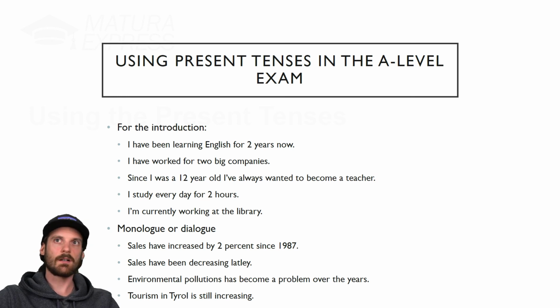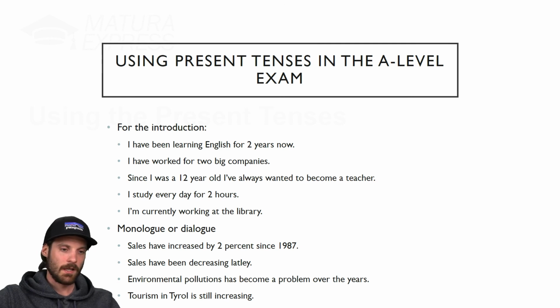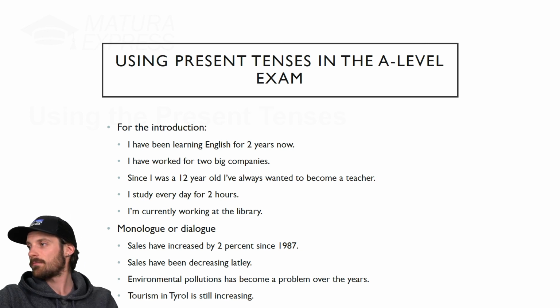So the decreasing is going on, and it's of course focusing on the action. Environmental pollution has become a problem over the years, unfortunately. And tourism in Tyrol is still increasing nowadays.